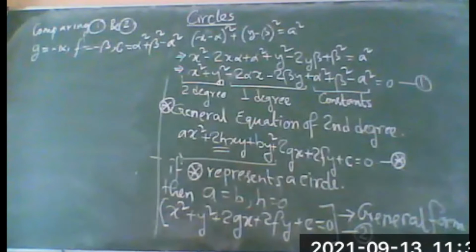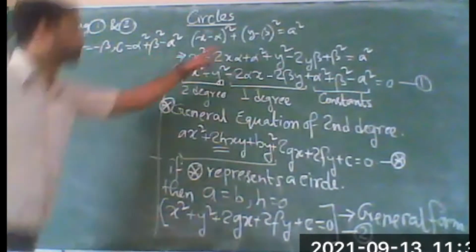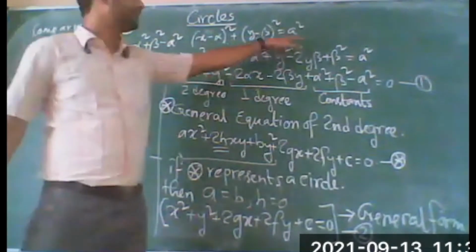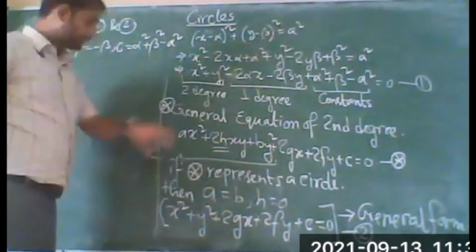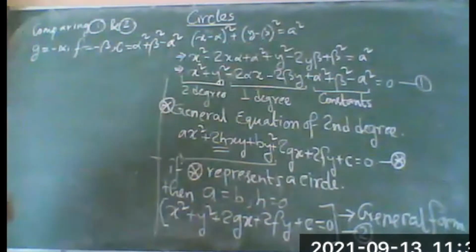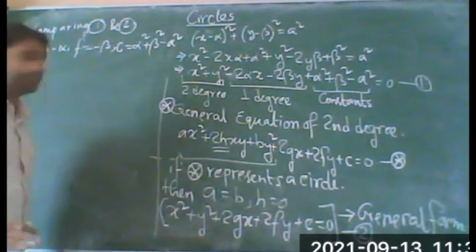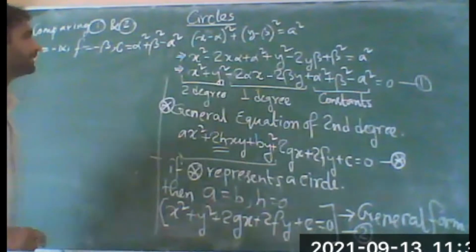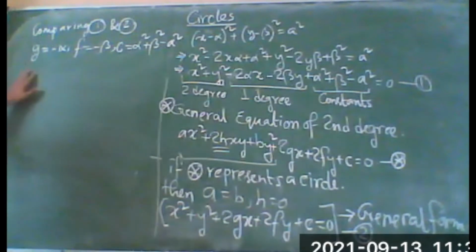So what is the advantage here? Previously we have taken that alpha beta as the center and a as the radius. So alpha and beta are the center and a is the radius. So now we are trying to find those values from here.